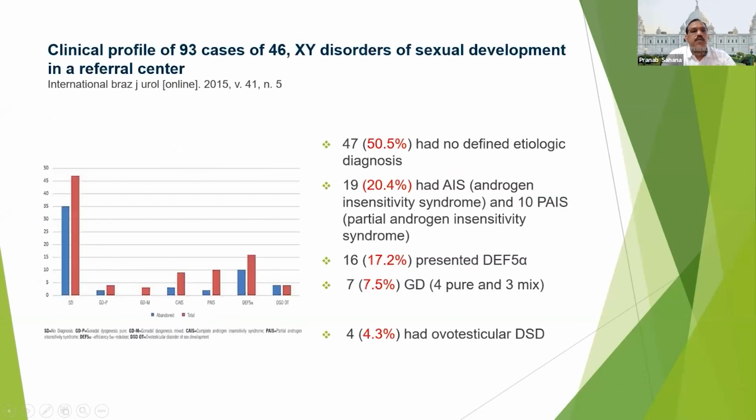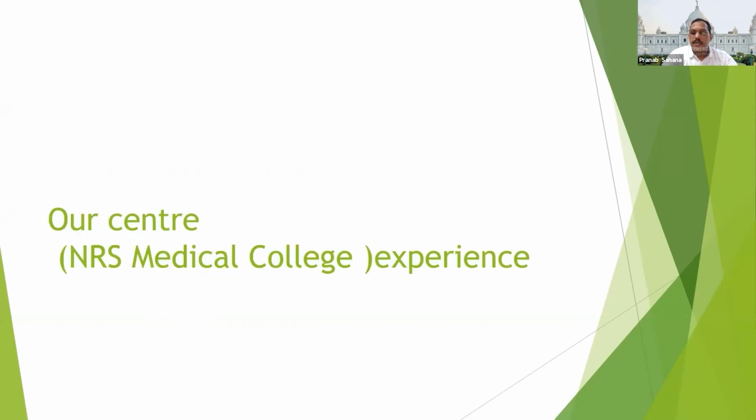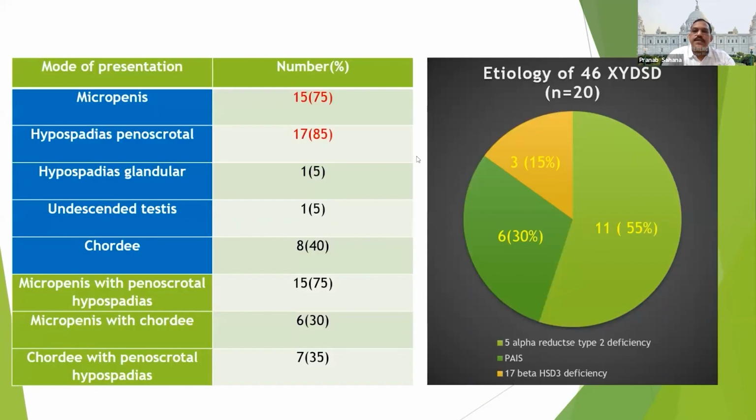This is another study from Brazil, 93 cases of 46 XY DSD: in 50%, no cause could be found, 20% of cases had androgen insensitivity syndrome, and 17.2% had 5-alpha reductase deficiency. So we had a small study in our institution, a cross-sectional survey of 46 XY DSD.